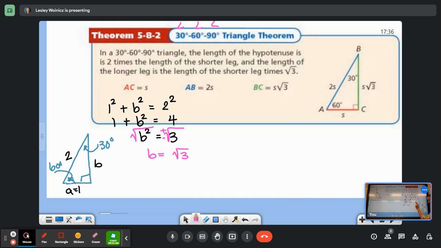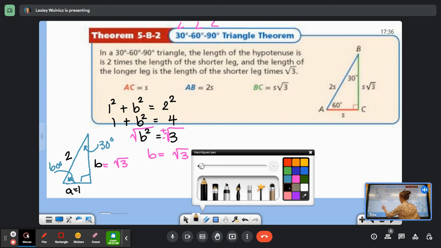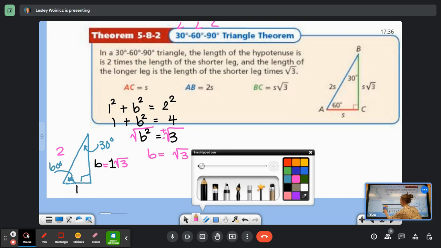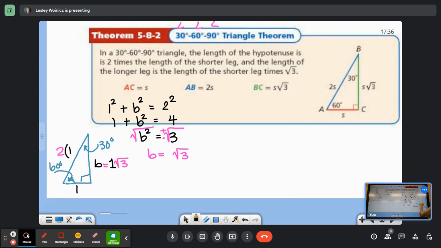Now, I can put a 1 in front of that. So if my shortest side is 1 and my hypotenuse is 2 times 1, then if I know my shortest side, I can double it to make the hypotenuse, or I can multiply it by the square root of 3 and get my middle side.